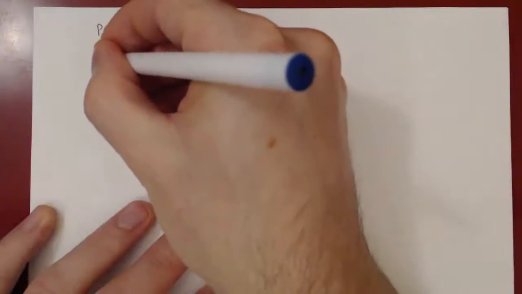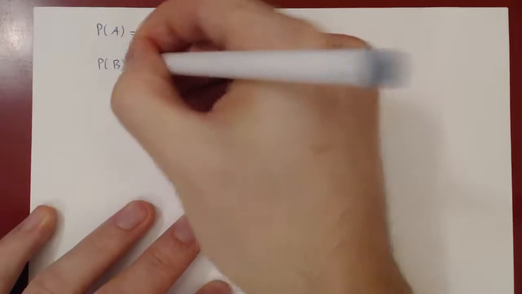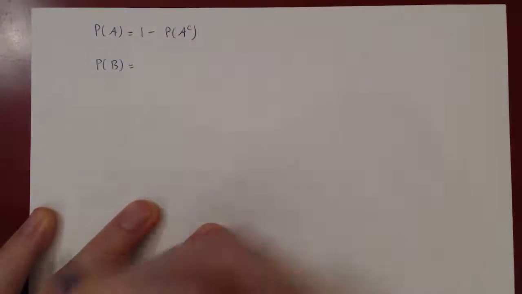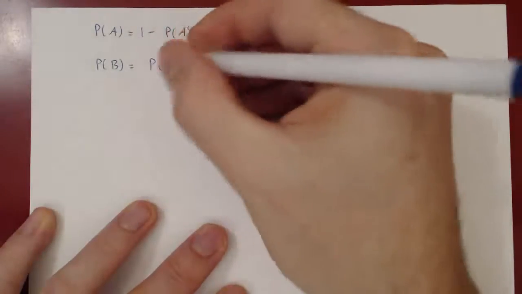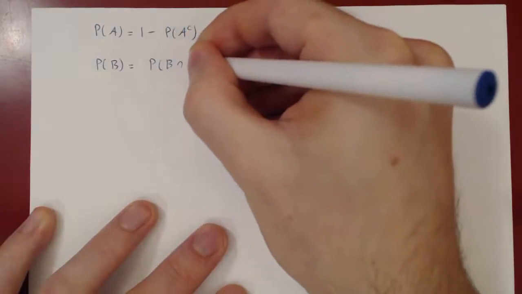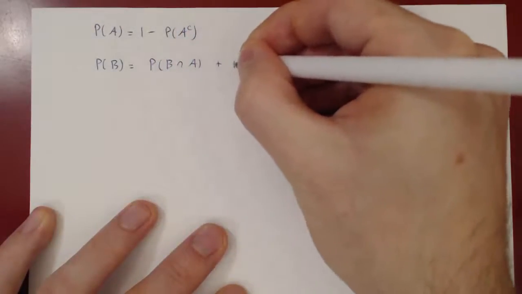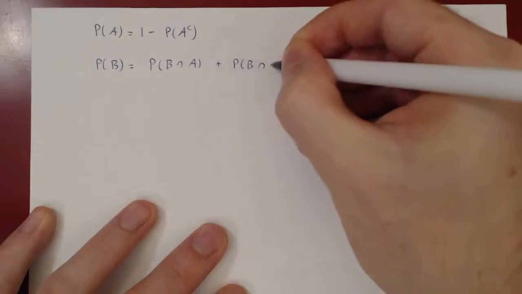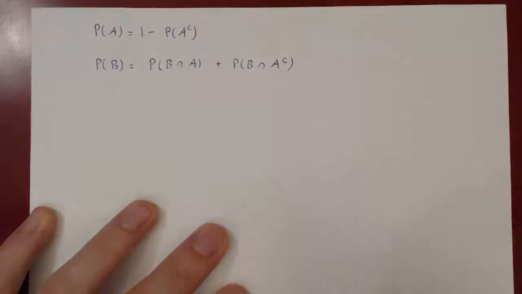Suppose I say P of B. Well, now we'll use the partition theorem. So it's P of B intersects with A, or P of B intersects with everything else, A complement.